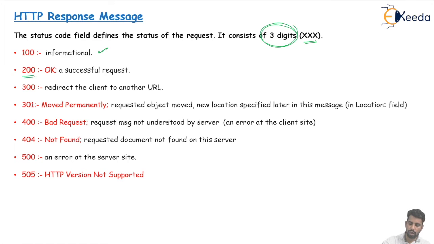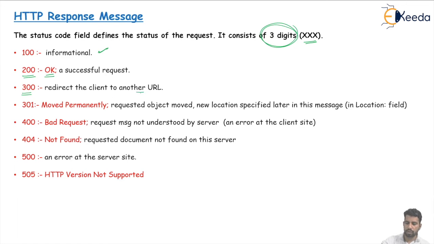If this is 200, the message is OK. OK means your request is successfully executed on the server and you get a correct response. Next is 300. 300 means you sent a request and that request is not fulfilled by this server, and it is redirecting you to another URL or some link of the web page.